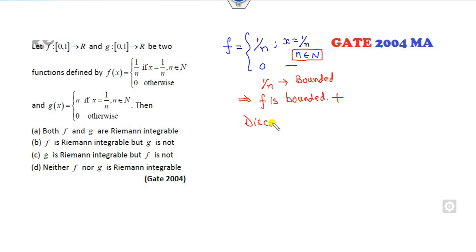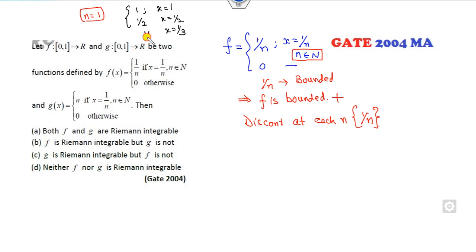The function is discontinuous at each point 1 by n. Because if I take n as 1, the function becomes 1 at this point. If I take n as 2, the function is 1 over 2 here, then 1 over 3 and so on. So clearly the function is discontinuous at each of these points, starting from 1, 2, and what is that?